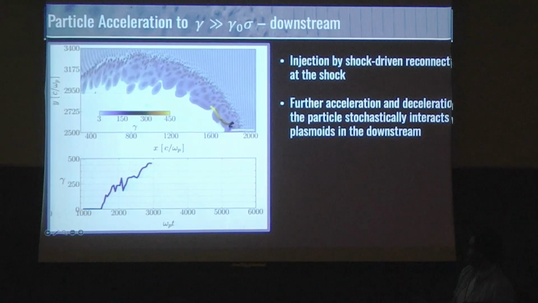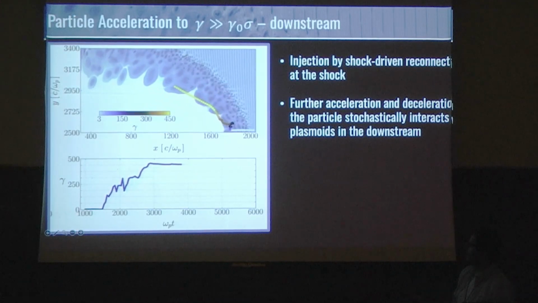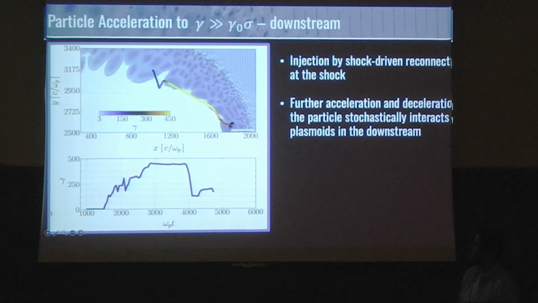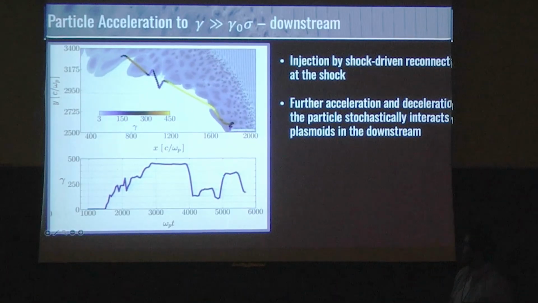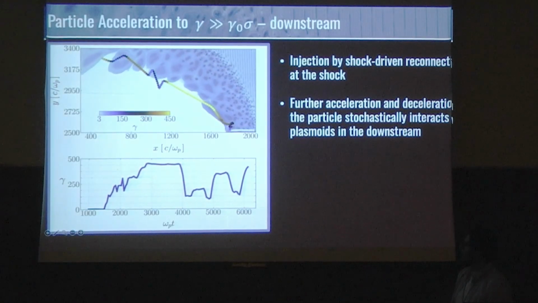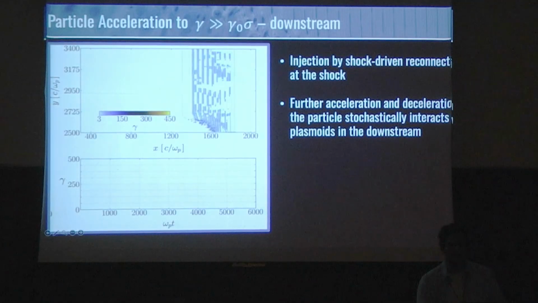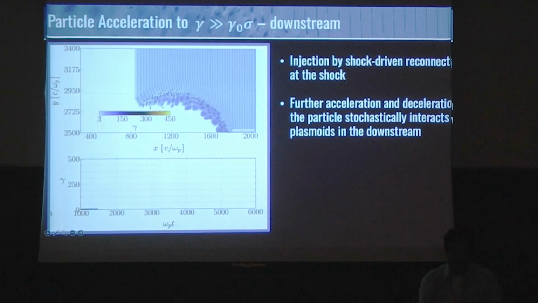You also have a color bar here indicating the energy, and you're able to track when it loses energy and when it gains energy from these individual interactions. But you'll notice that really the maximum energy that it reaches may be 500. So really there's something more special about those particles that achieve even higher energies.